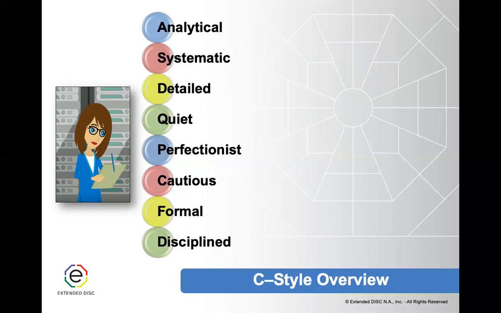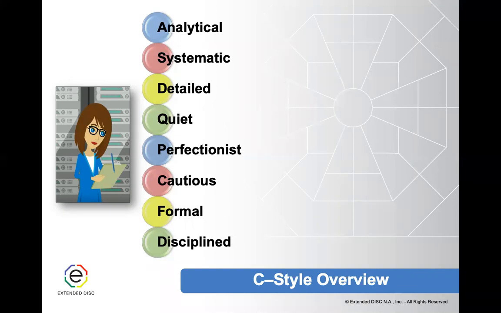Never. So in that spirit, we describe C styles as very analytical and systematic. They're the ones that walk in and straighten things up, adding structure and discipline to whatever they're doing. They're very detail oriented. They want every piece of information possible.